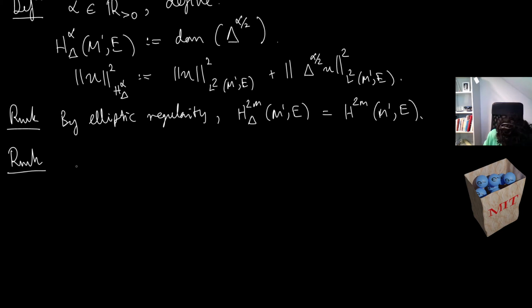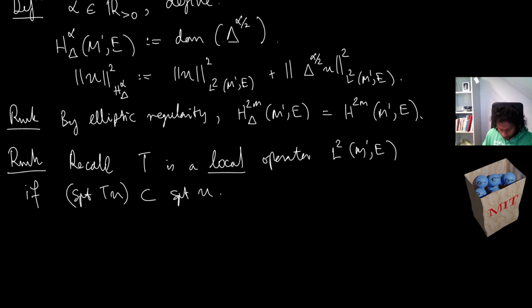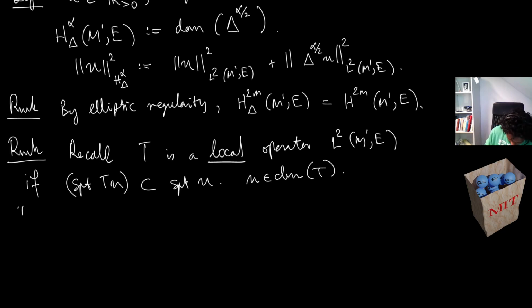Recall that T is a local operator on a function space, say L2 M prime E, if the support of T of U is a subset of the support of U, say for U in the domain of T. So differential operators are local.